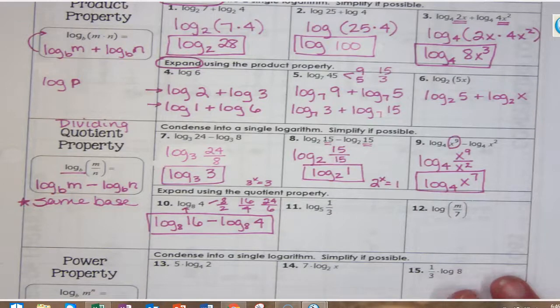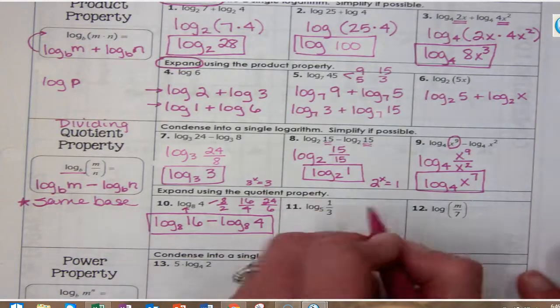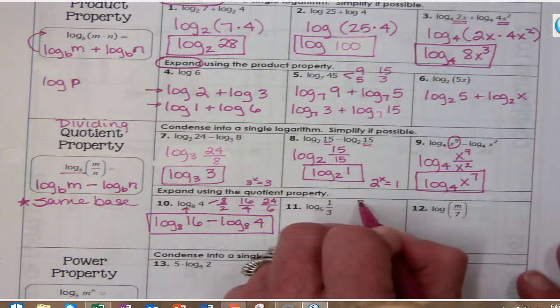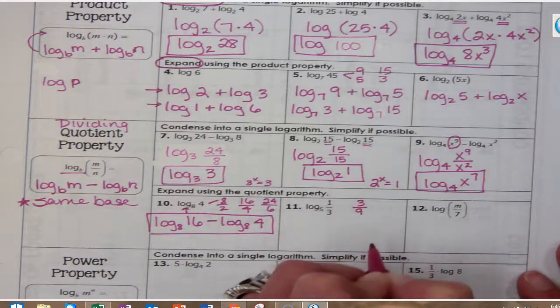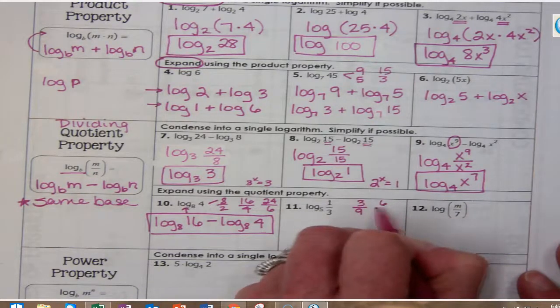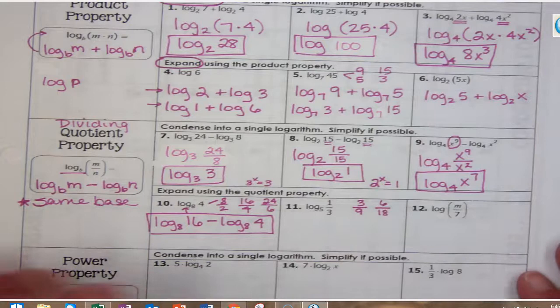All right. Now here's another one. What numbers divided by each other are going to give me 1/3? Well, again, there's many options. 3 divided by 9 gives me 1/3. 6 divided by 18 gives me 1/3. So there's lots of different options. 1 divided by 3 gives you 1/3, right?